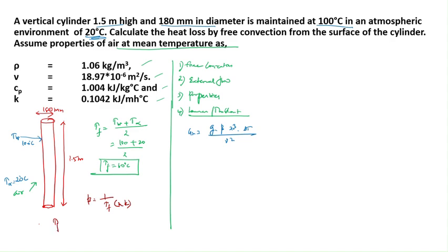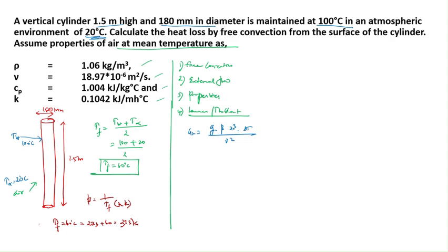The film temperature is equal to 60 degrees Celsius, which can be written as 273 plus 60, which is equal to 333 Kelvin. Here the film temperature is 333 Kelvin.